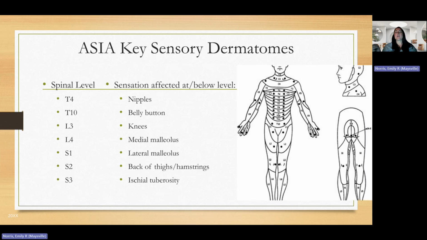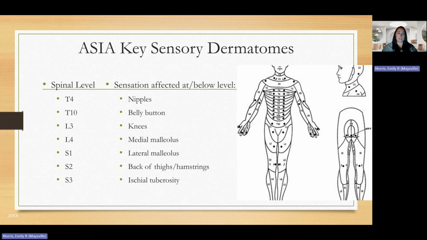Same with this. These are key sensory dermatomes. So these are key areas where they have sensation. Like at the nipples, if they have sensation there, then that is tied to level T4 in the spinal cord. The belly button is level T10.